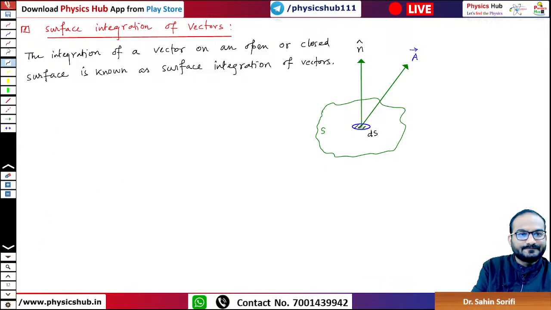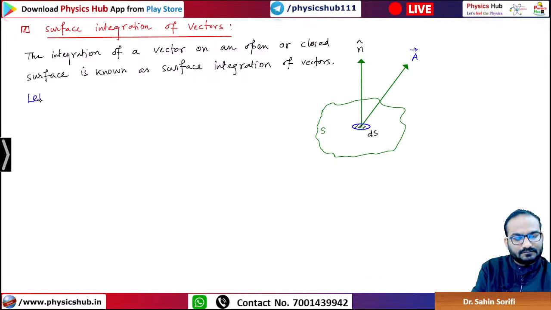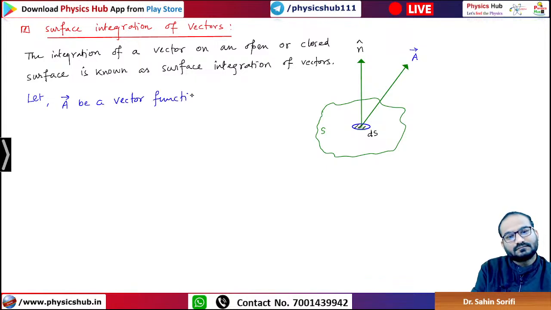So let A be a vector function and S be the given surface.